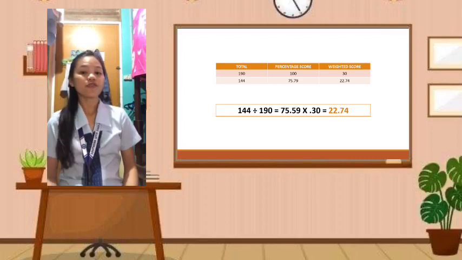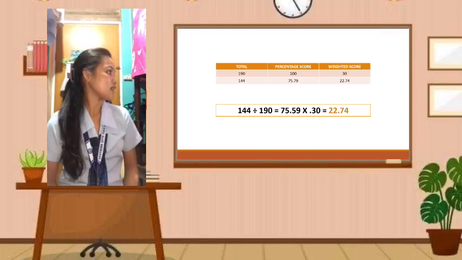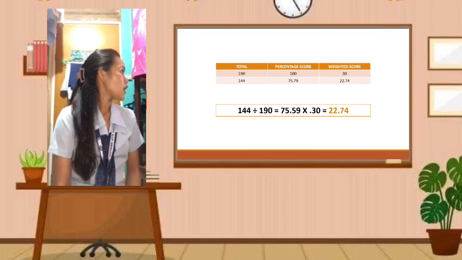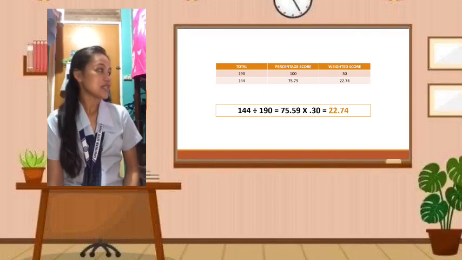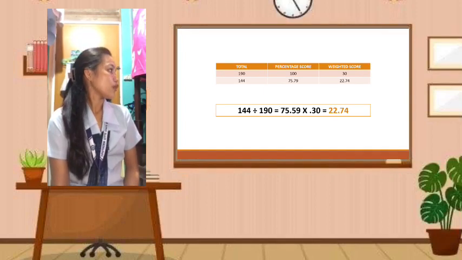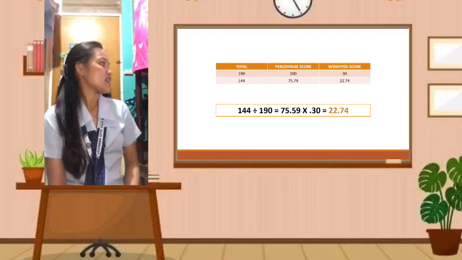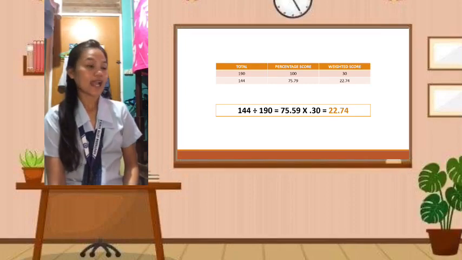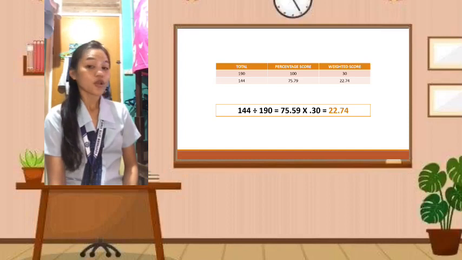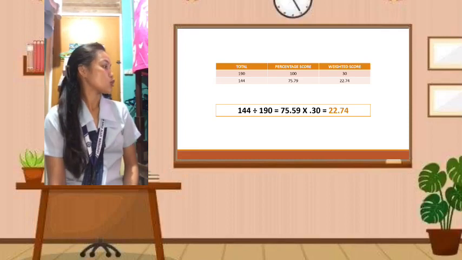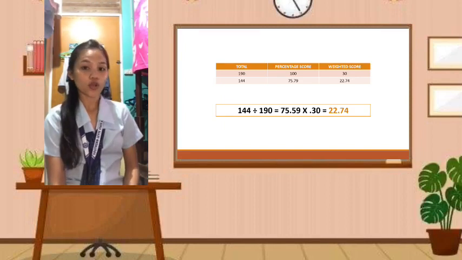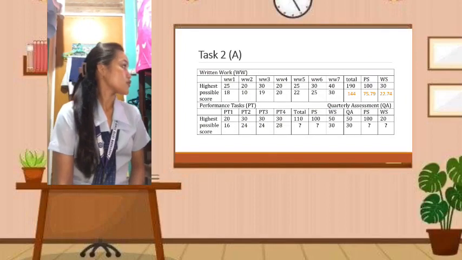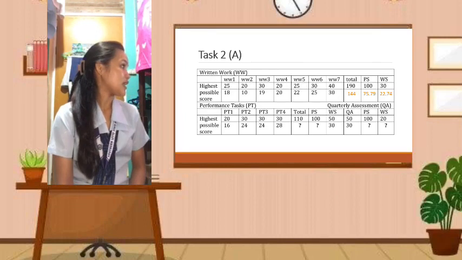So 144 divided by 190 is equivalent to 75.59, and we will multiply it by 30%. So 75.59 times 0.30 is equivalent to 22.74. That is Julia Anderson's weighted score in Araling Panlipunan.